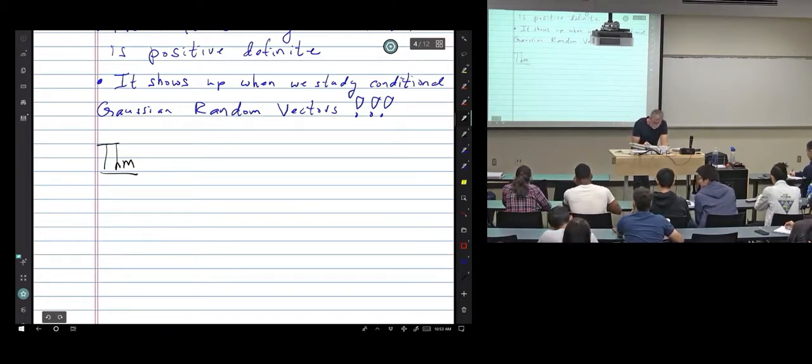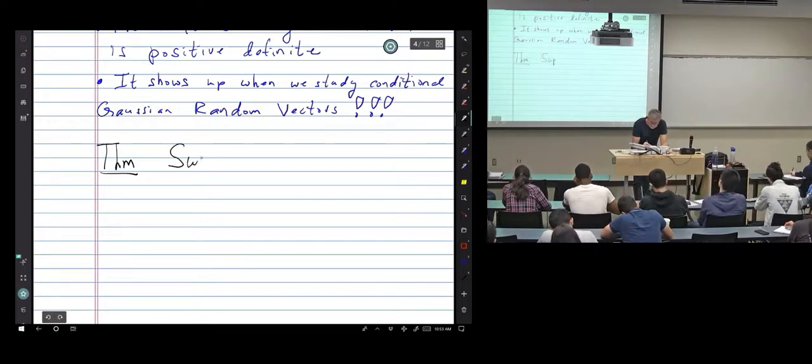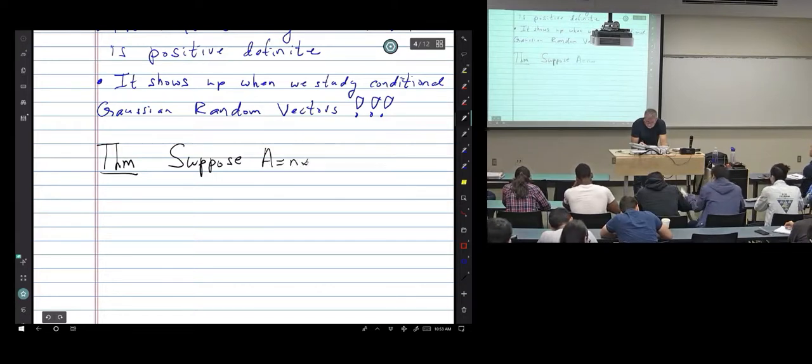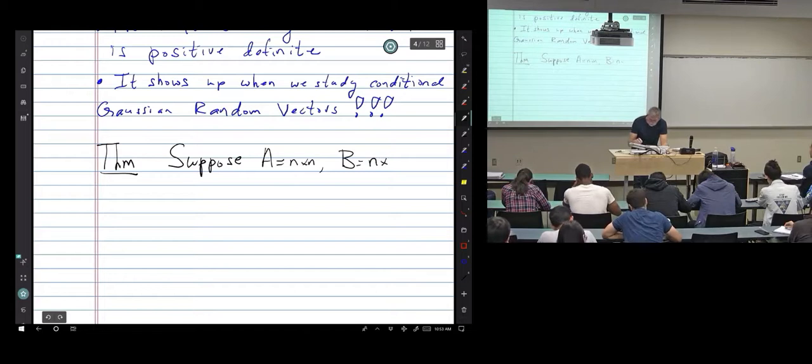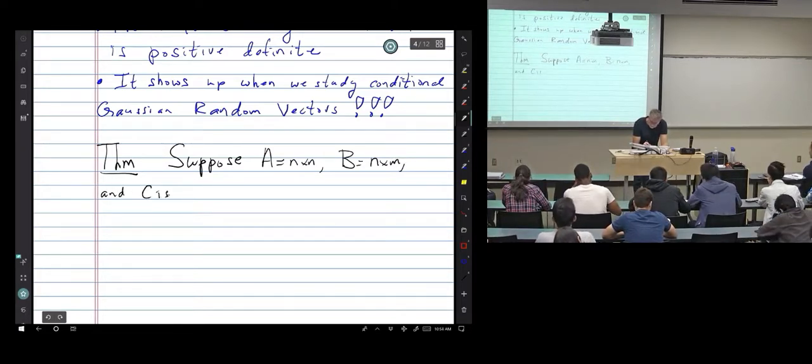Theorem. Suppose A is n by n, B is n by m, and C is m by m, square.